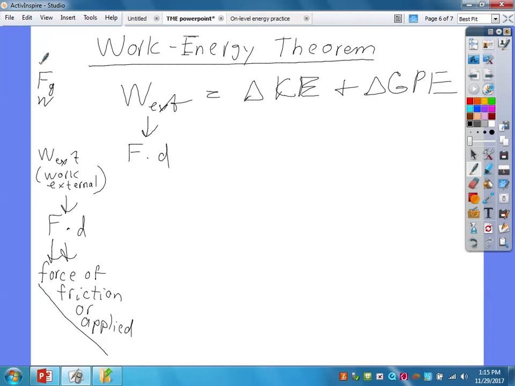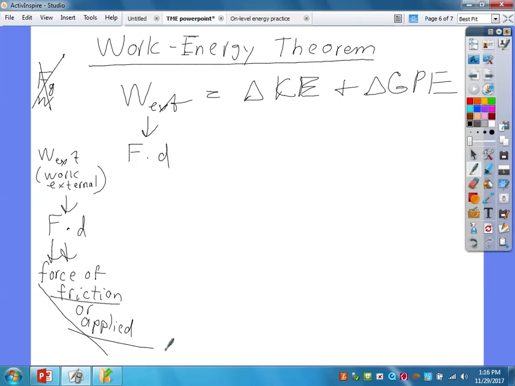Weight or gravitational force do not cause external work. They work internally. They will change the energy of the kinetic into gravitational, gravitational into kinetic, but they do no external work. So only friction or any applied force will do external work. If not, we will ignore that.